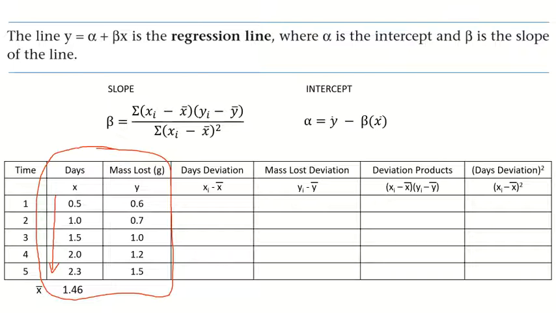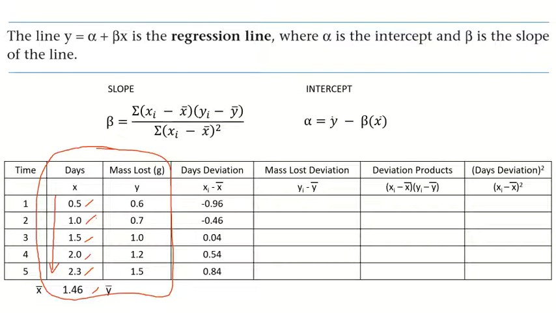So we have 0.5 minus 1.46, and that's negative 0.96. And then we have 1 minus 1.46, and that's negative 0.46. And then 1.5 minus 1.46, and that's 0.04. And then 2 minus 1.46, that's 0.54. And then 2.3 minus 1.46, and that's 0.84.